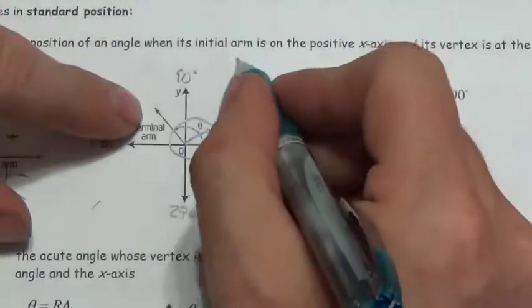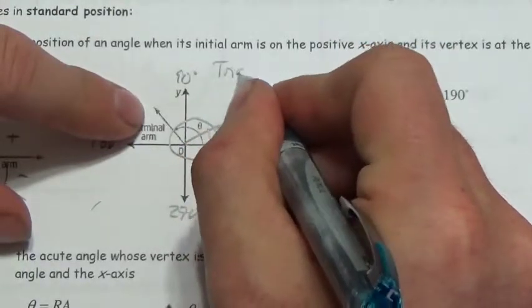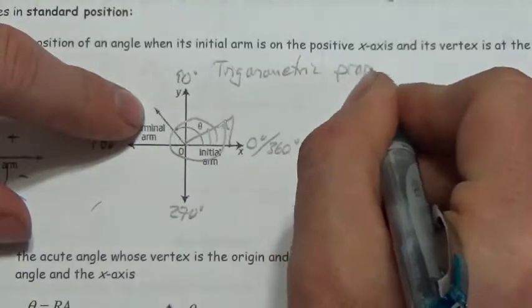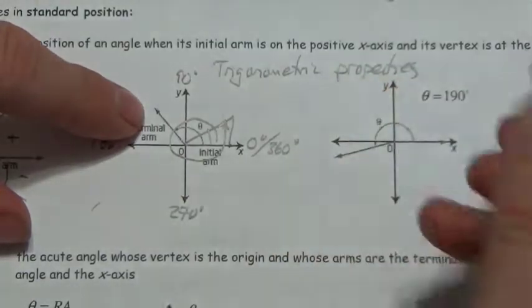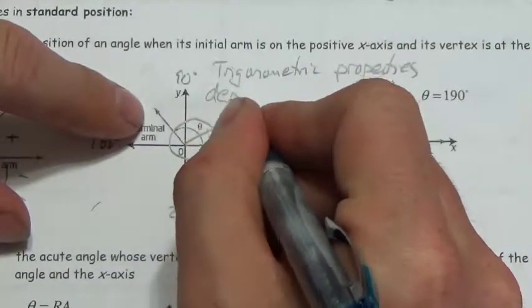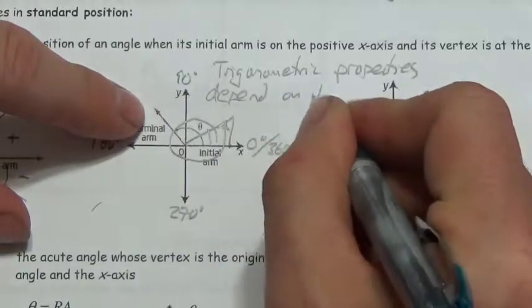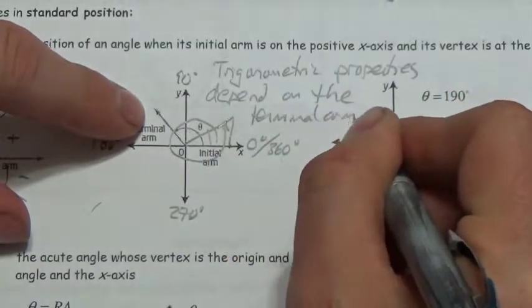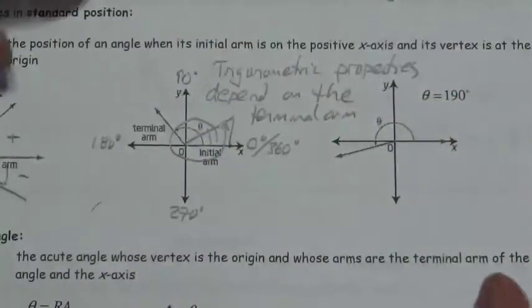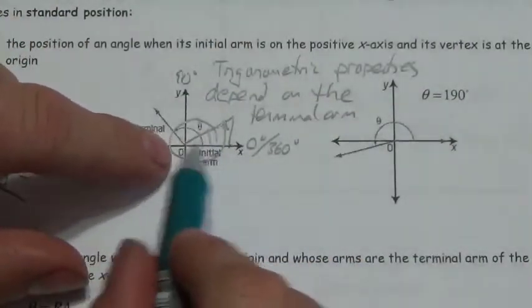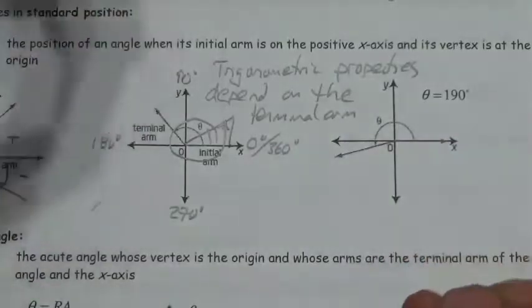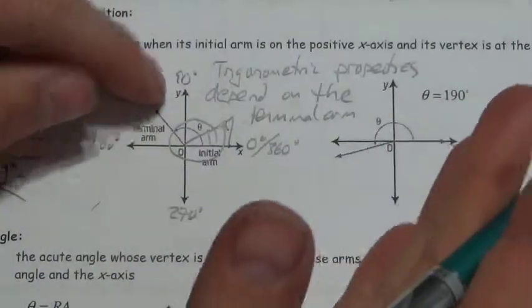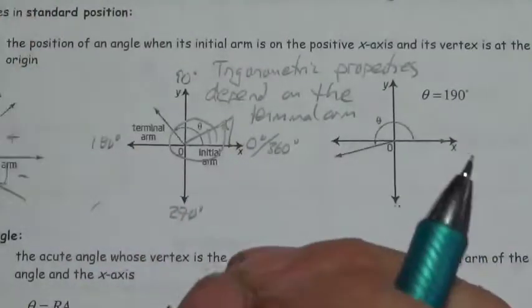So what happens here is the trigonometric properties of an angle depend totally, entirely on the terminal arm, which is why 0 degrees and 360 degrees would be trigonometrically the same. 10 degrees and 370 degrees would trigonometrically be exactly the same.